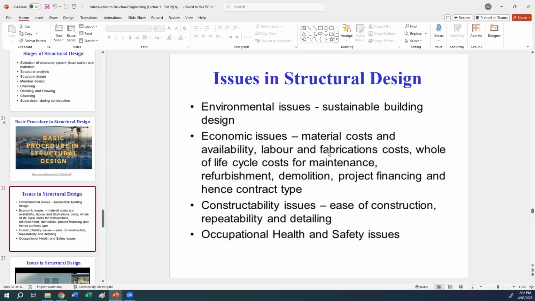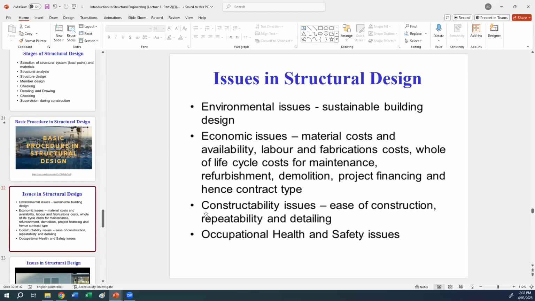All of these are related to financial issues due to the high cost of materials, labor, and maintenance. Also, in some cases, we have refurbishment costs, demolition costs, and contract type costs. All of these are some of the issues that can be faced in the structural design process.